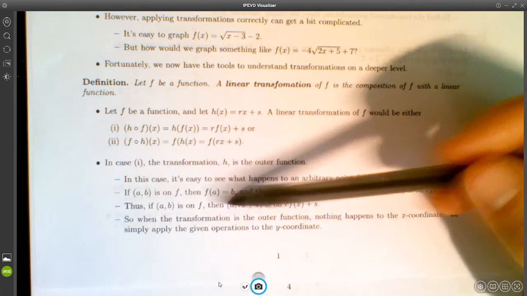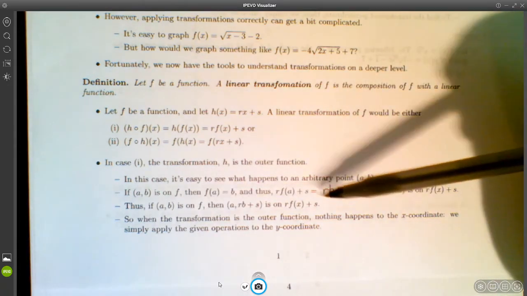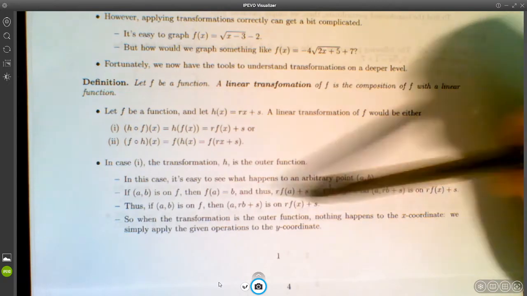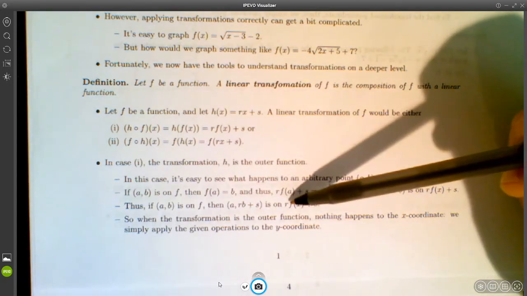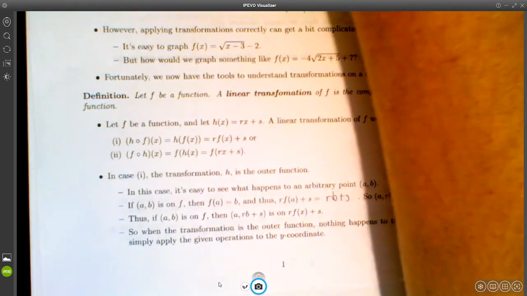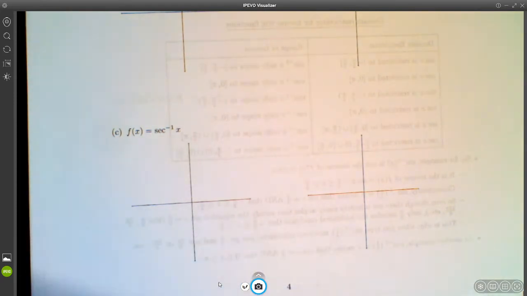So nothing happens to the x coordinate. But what we do is apply the transformations to the y coordinate. We multiply the y coordinate by r and then add s to it. So that's when your transformation is the outer function. When the transformation is the inner function, things get a little bit more complicated.